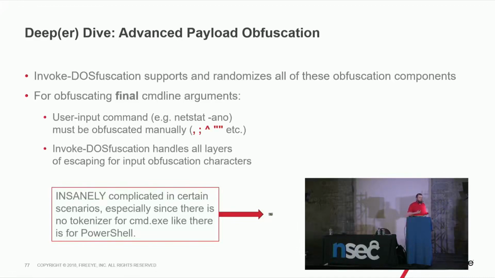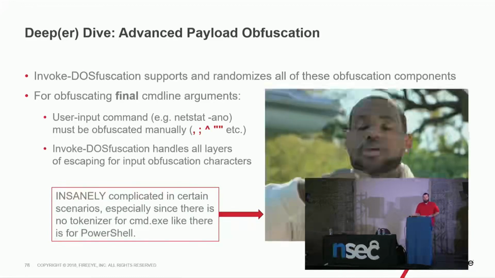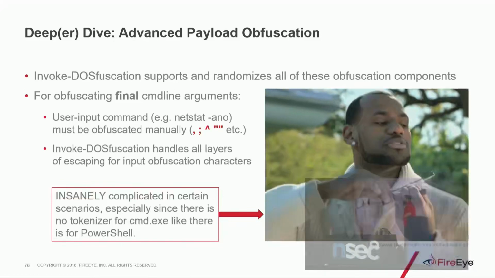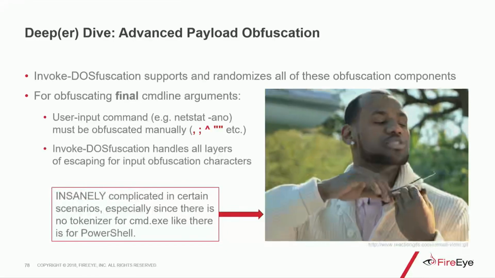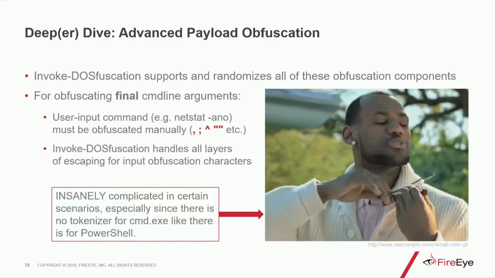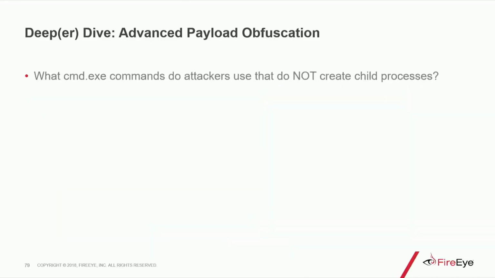So it gets really tough to piece all this together and know where you're at and how many layers of escaping you need at each part. So this is what I call the world's tiniest violin slide. The defenders are giving me no sympathy right now, but it was a really interesting challenge to go through without the tools that I have with PowerShell. It was just a much more rigid framework to work within from an obfuscation perspective.